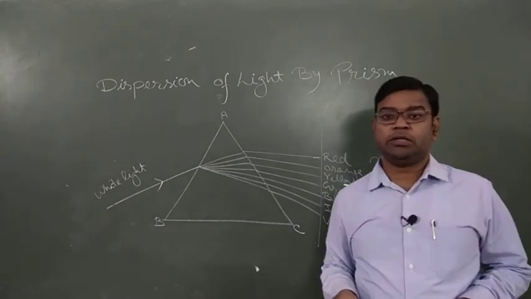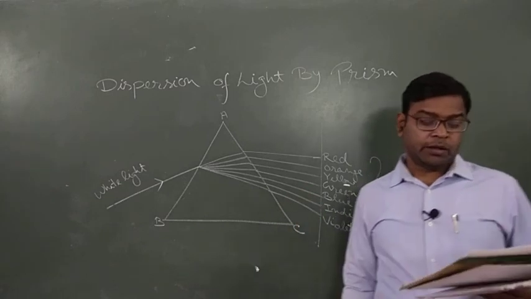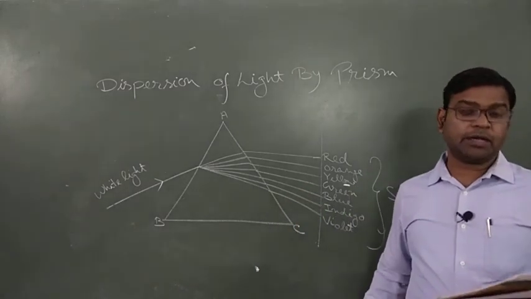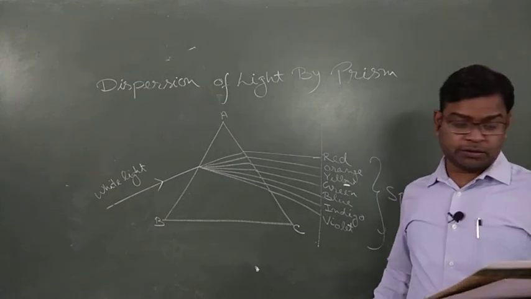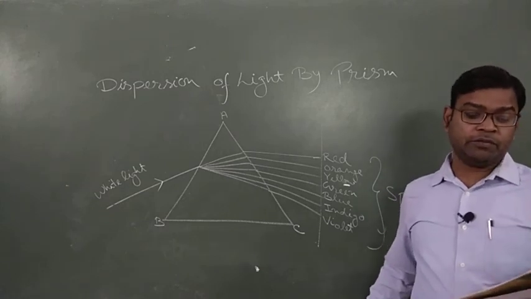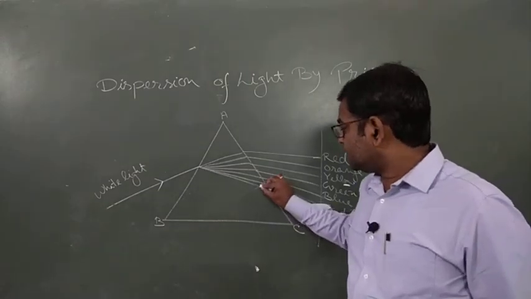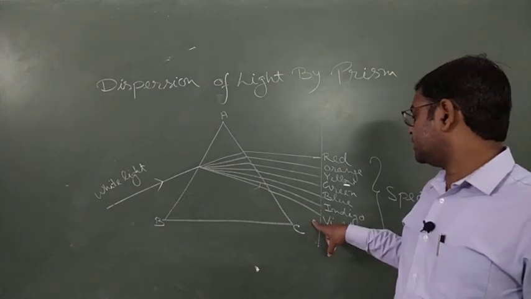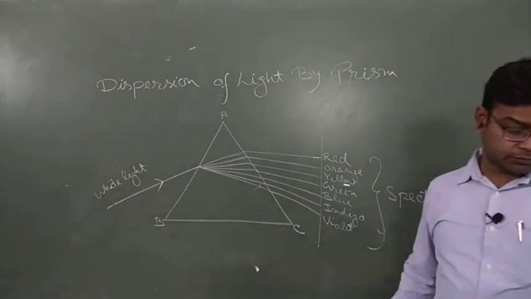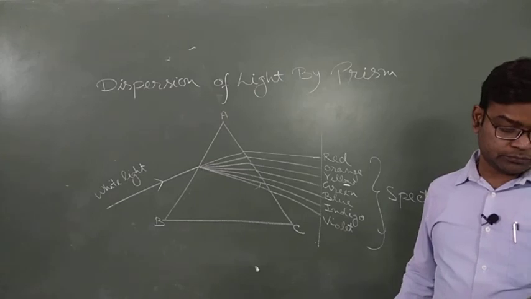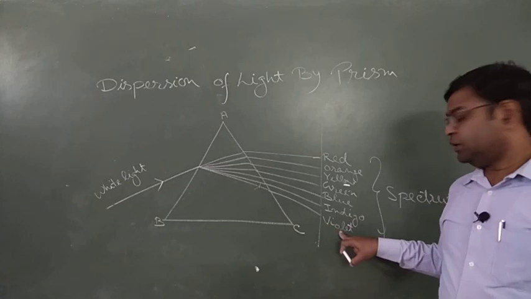Right? No, actually this also depends on wavelength. The angle of deviation produced by a colored light depends upon its wavelength. The less the wavelength, the more is the angle of deviation, and vice versa. In this case, indigo has less wavelength, so more deviation.